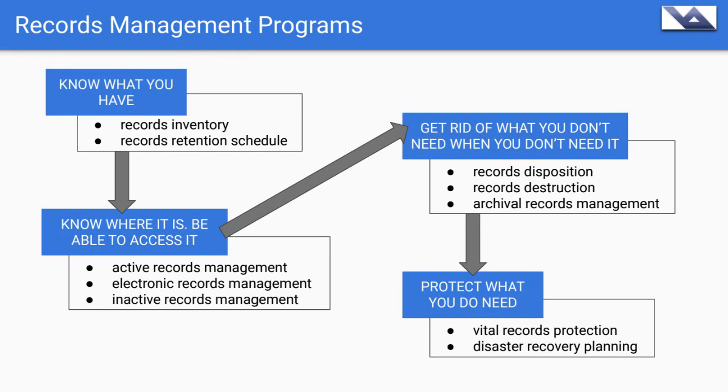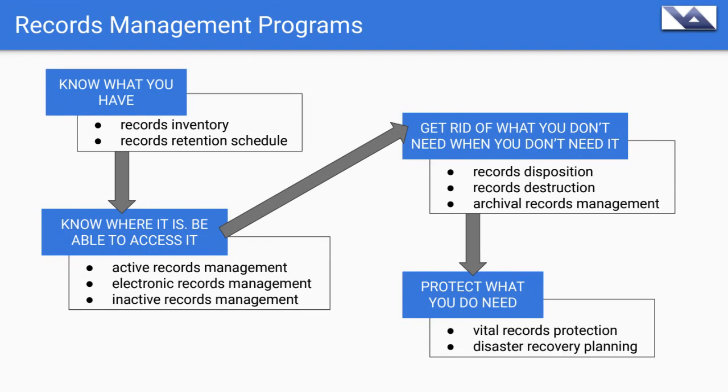At that point, they're just taking up space and time, and they're just sitting there waiting to get in the way of everything else. And again, if there's an open records request, you'd have to produce those. So we always suggest that if you're not using them, if they've met retention, go ahead and get rid of it, which will lead you to that fourth box, which is protecting what you do need.